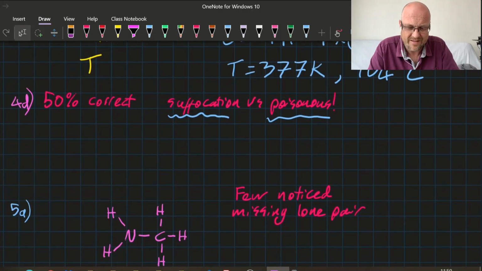What a random thing to tell kids to be aware of, the difference between suffocation and poison. It's not even in the kids' syllabus.